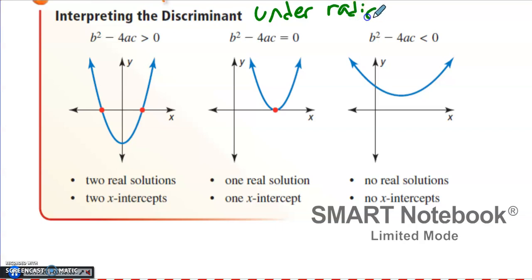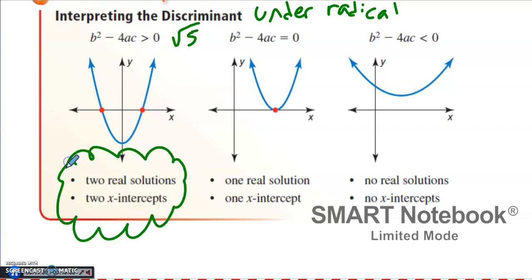There's 3 possibilities here. If b squared minus 4ac, the discriminant, is greater than 0, for example, if I have the square root of 5, it's going to have 2 x-intercepts, or 2 real solutions.